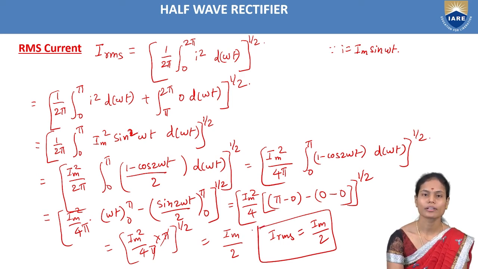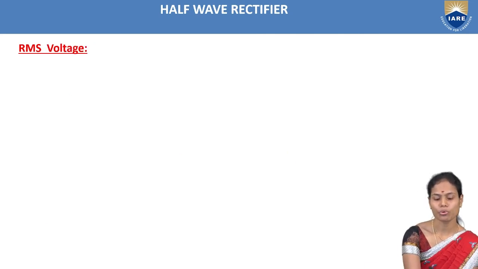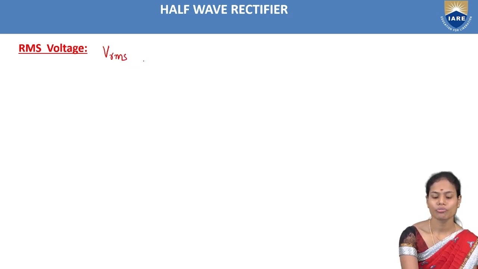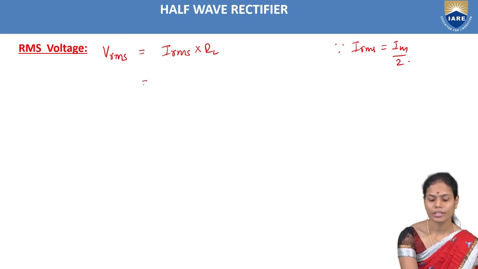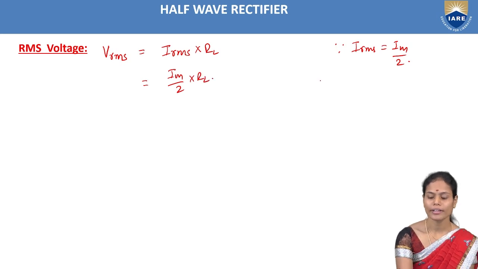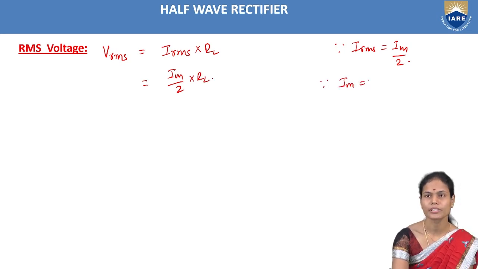In this way we have to calculate the RMS value of the current. Similarly, to find the RMS voltage, that we are indicating as V subscript RMS, we have to take IRMS into RL. We have already calculated the IRMS value, and that is equal to Im by 2. Substitute that IRMS value here, that is Im by 2 into RL. And next, we know the value of Im is equal to Vm by Rf plus RL.